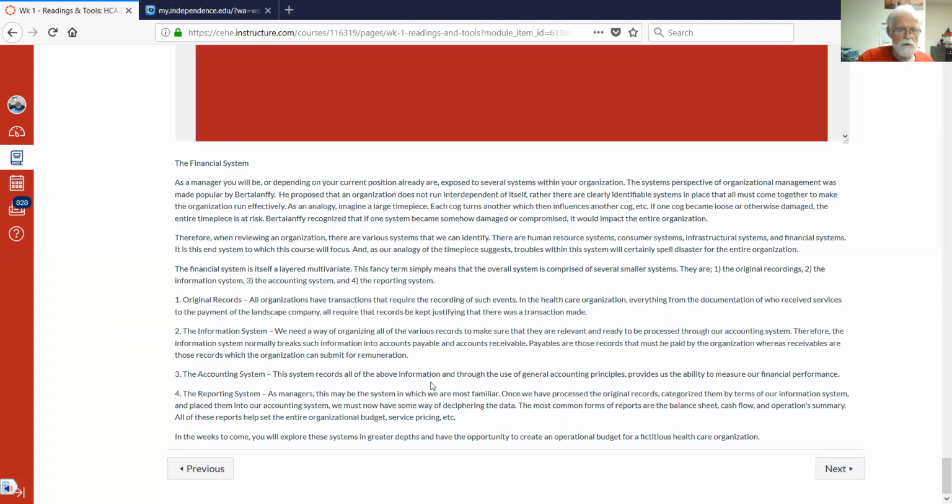The accounting system generally uses GAAP, the generally accepted accounting principles, and the accounting system allows us to understand where we are.